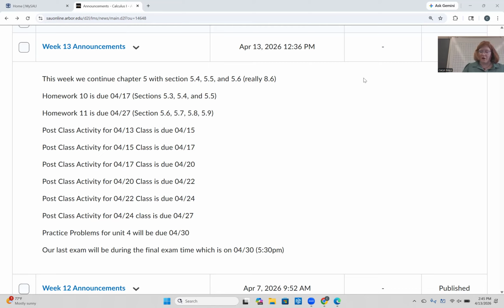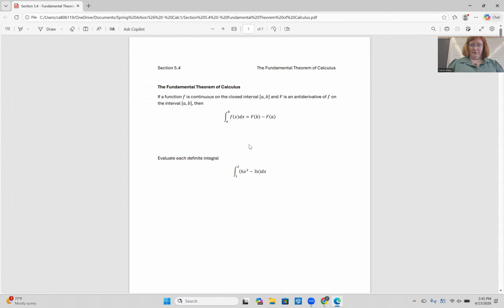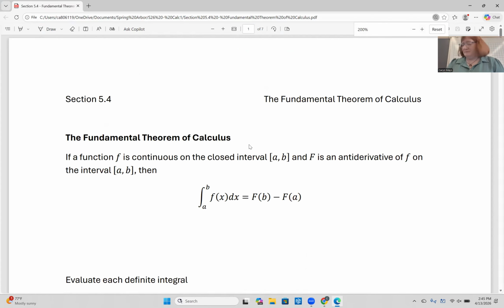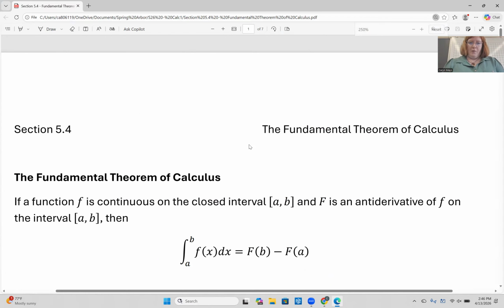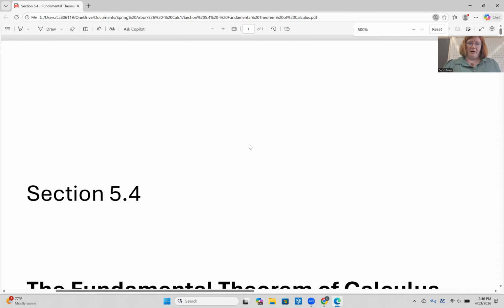All right, so getting into our next section then. We have talked the last, I guess it's week-ish, because we had Easter in there, a little more than a week.